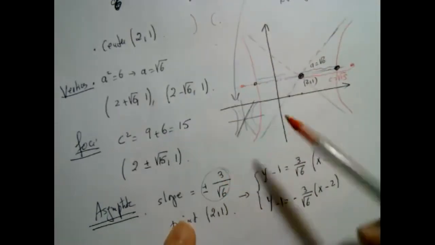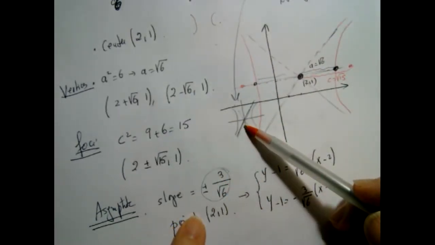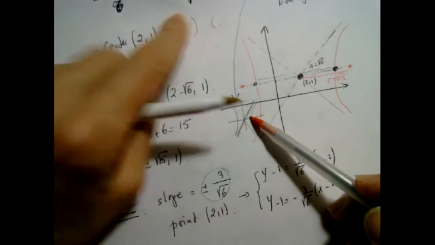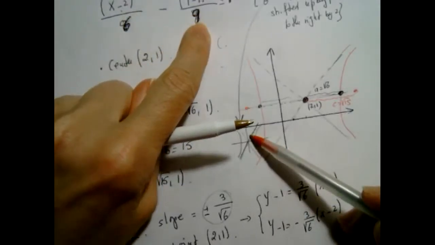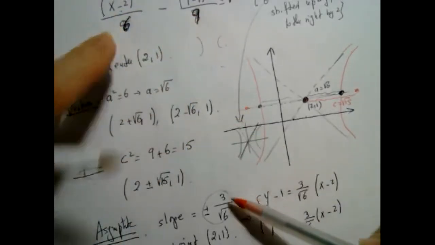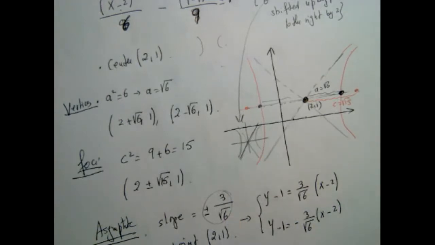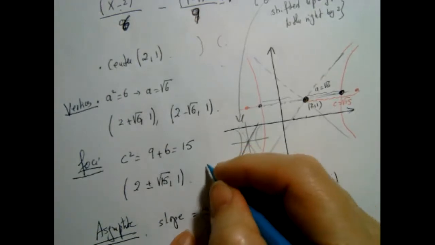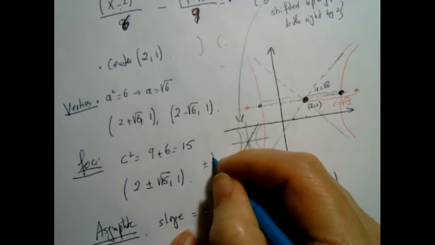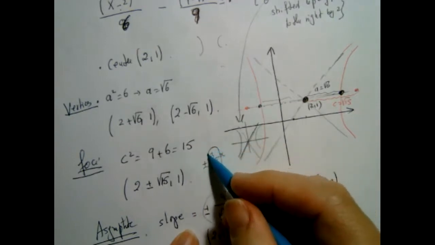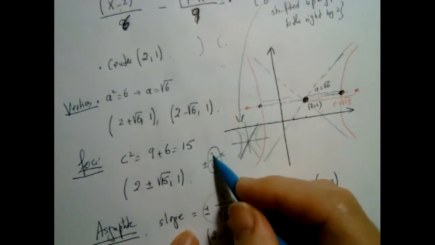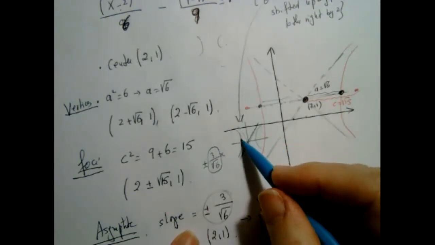Yeah, because the slopes are the same as the one that's not shifted, the original slope. And b is 3, and a is the square root of 6. You remember in the previous one, the equation was y equals plus or minus b over a x. So this is the slope, the plus and the minus slope.